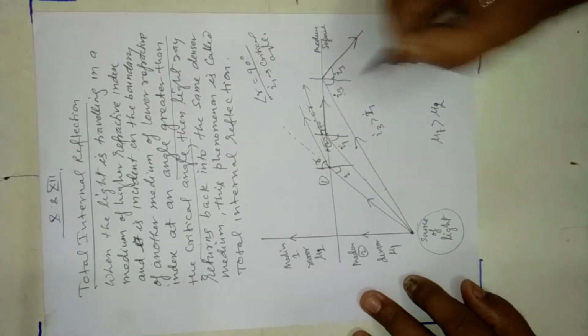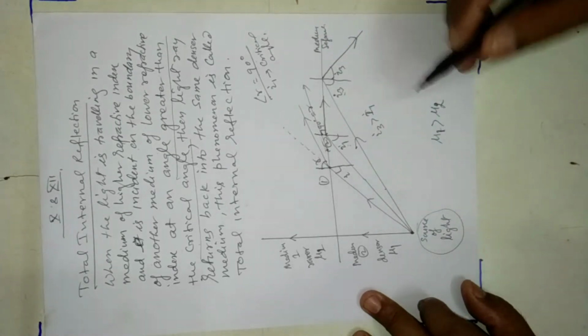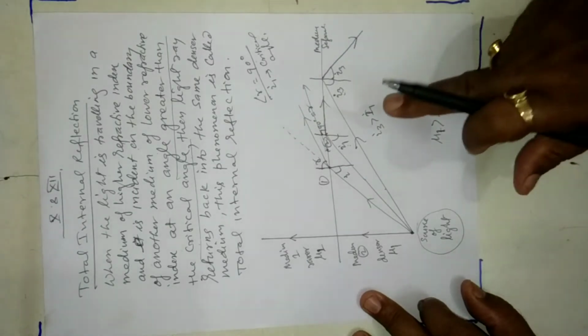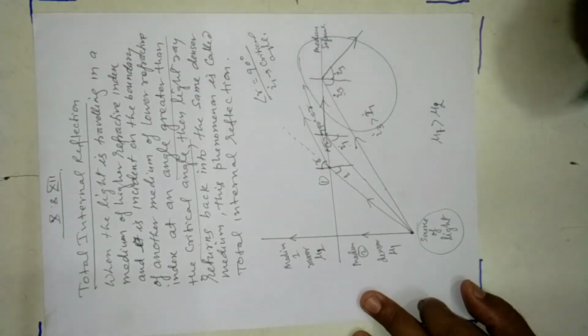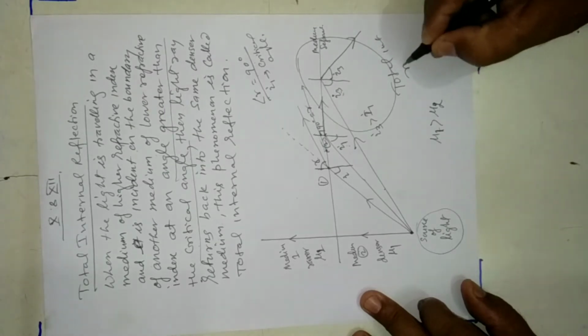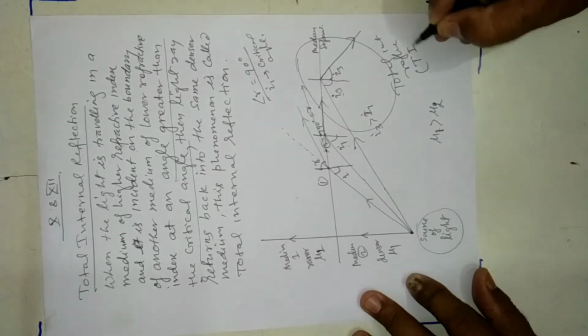I3 also, as it will follow the laws of reflection. As it is returning back in the same medium, this is the situation of total internal reflection. This is TIR.